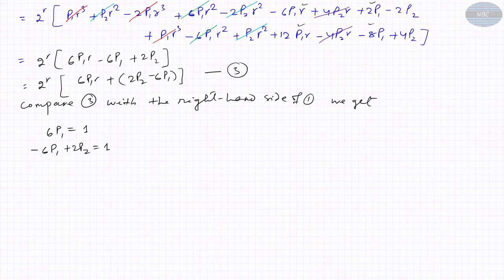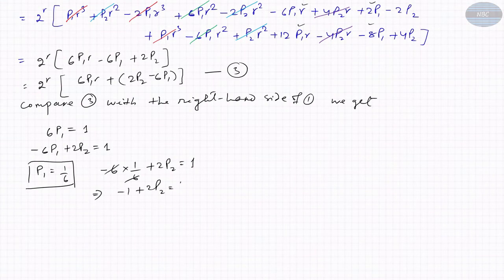We have 6 p1 is equal to 1, so p1 is equal to 1 by 6. Now substitute p1 here: minus 6 into 1 by 6 plus 2 p2 is equal to 1, which implies minus 1 plus 2 p2 is equal to 1, which implies 2 p2 is equal to 2 and p2 is equal to 1.